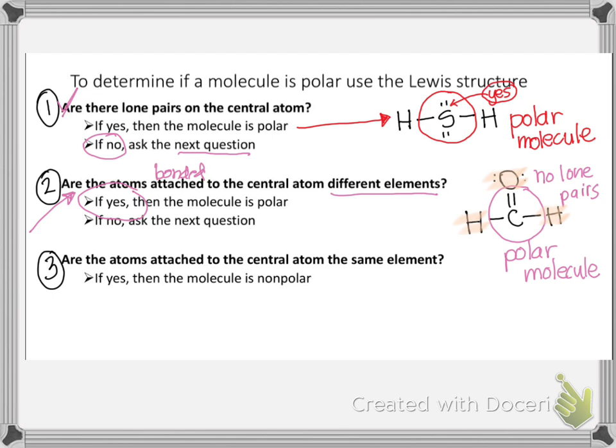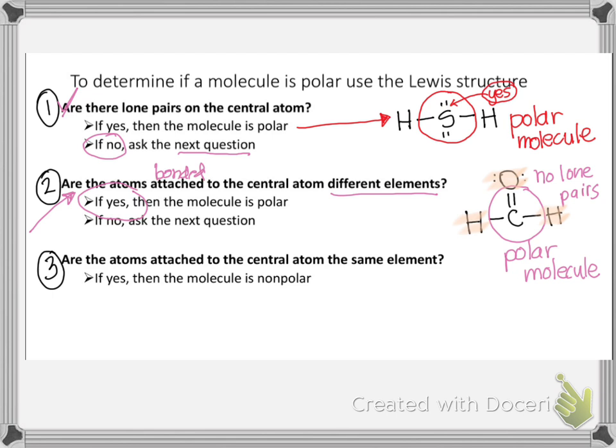And so we have two hydrogens, but one oxygen, and it only takes one element being different to make it a polar molecule. Because what happens is, in the overall picture, oxygen is much more electronegative than the hydrogens, so around the carbon, the electron cloud will want to be drawn toward the oxygen.